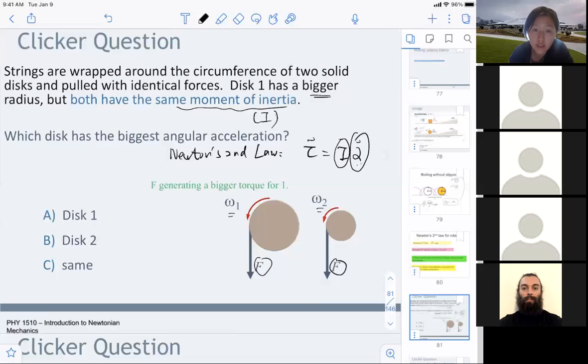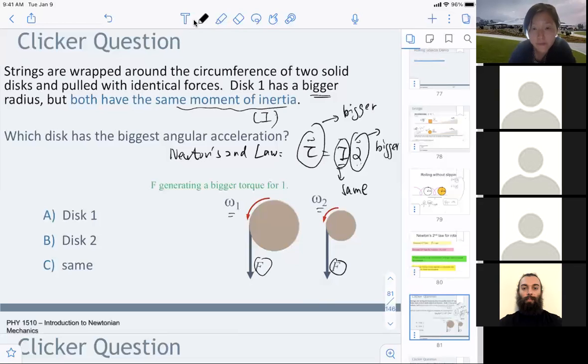No matter how they achieve this, they have the same rotational inertia. So the question is which one has a bigger torque. If the torque is bigger, that generates a bigger angular acceleration, given the same rotational inertia. Okay, so which one generates a bigger torque?